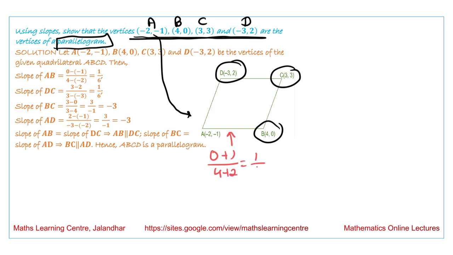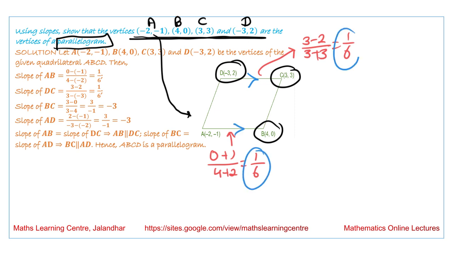We get 1 by 6. Slope of this line is (3 minus 2) over (3 plus 3). The answer we obtain is 1 by 6. It means both the slopes m1 and m2 are equal. So we are saying both these lines are parallel to each other.